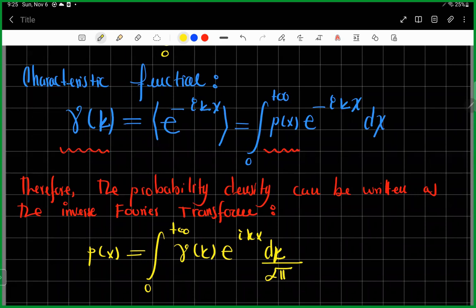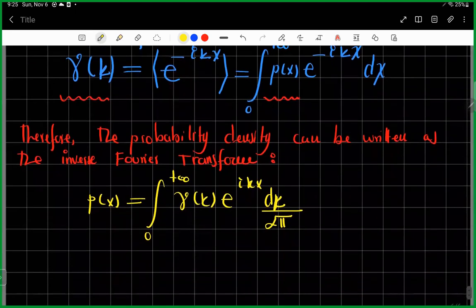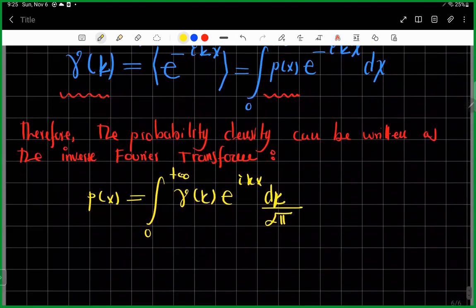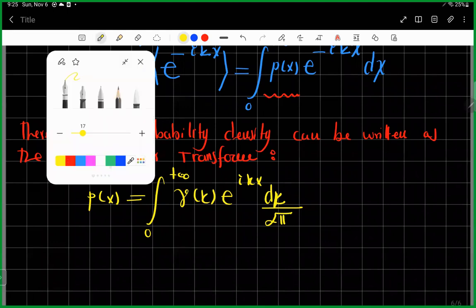Now, why is the characteristic function important? Because the characteristic function generates a set of moments. So the importance of the characteristic function is that it is the moment generating function. So let's show that.